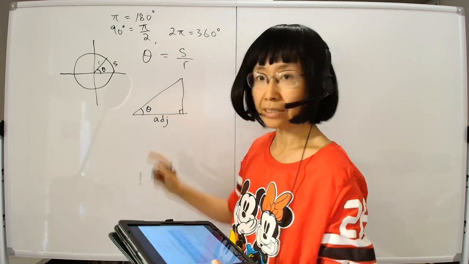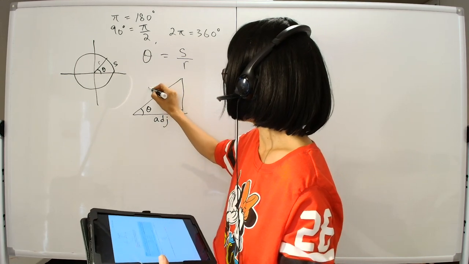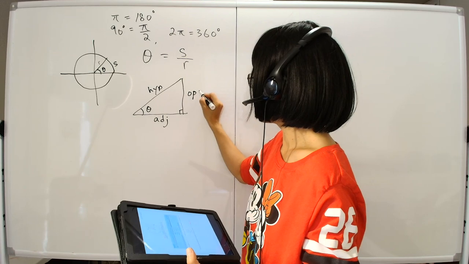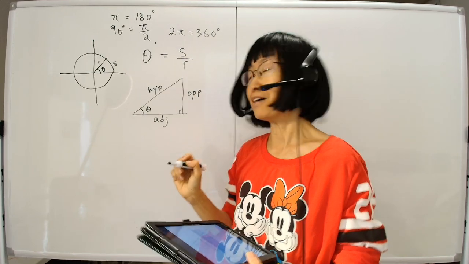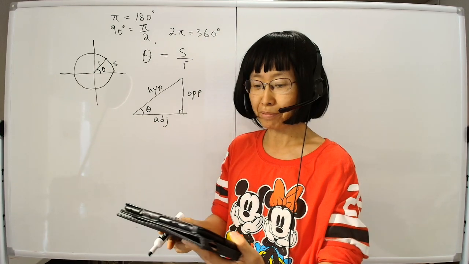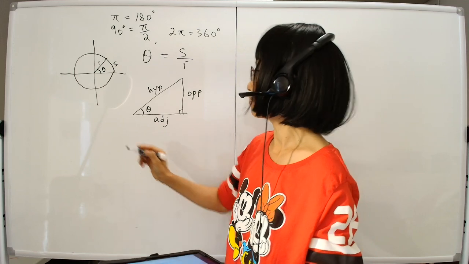Adjacent is an English word that means next to, right? This is the hypotenuse, and this is called the opposite side for obvious reasons. Now we need to remember all the definitions of the trigonometric functions.